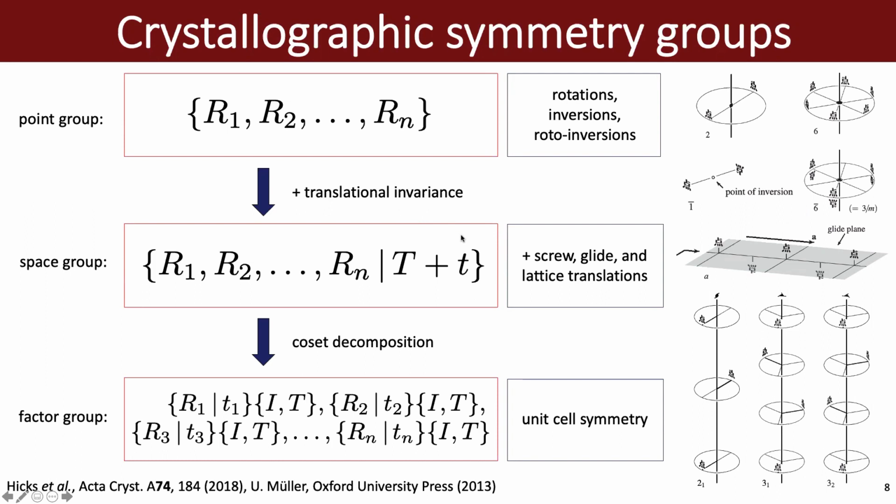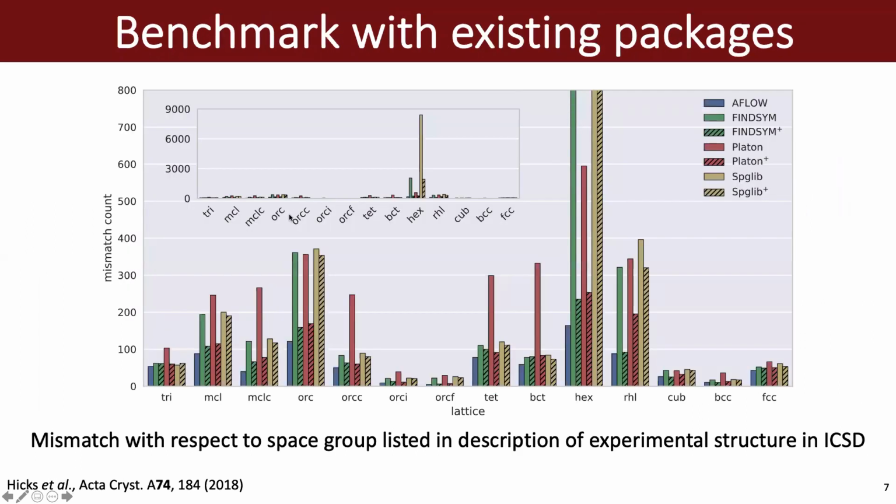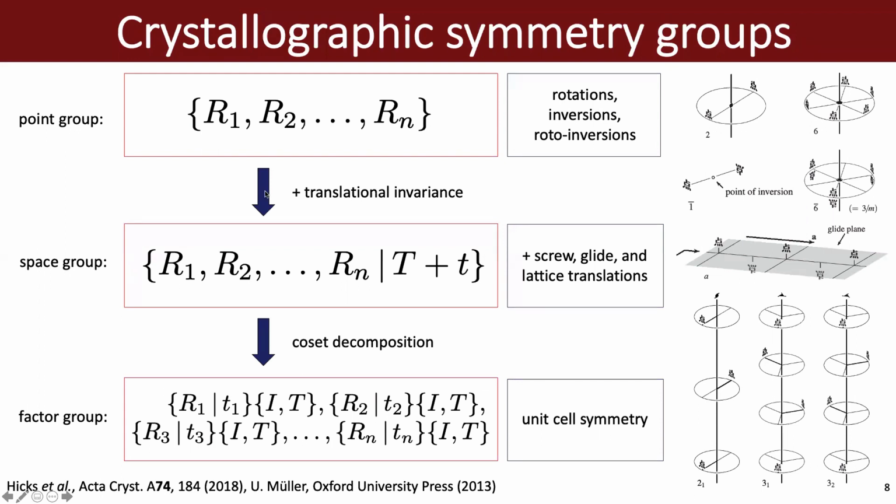And so if we consider the entire set of this, then, oh, sorry, my slides keep going back on me. Then we get what is known as the space group. So this is basically when we combine the point groups and the translational invariance. And so we get the 230 space groups. And one important other group that I want to mention is the factor group.